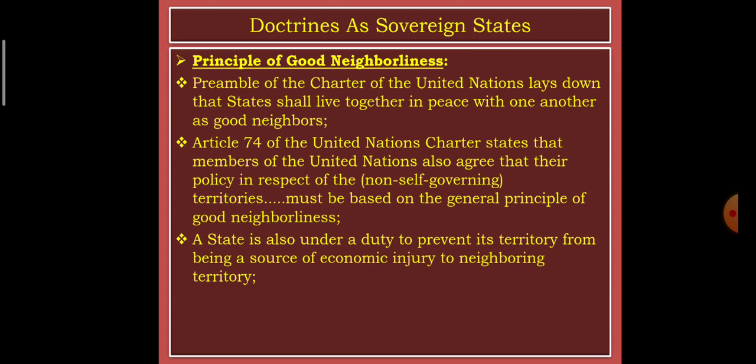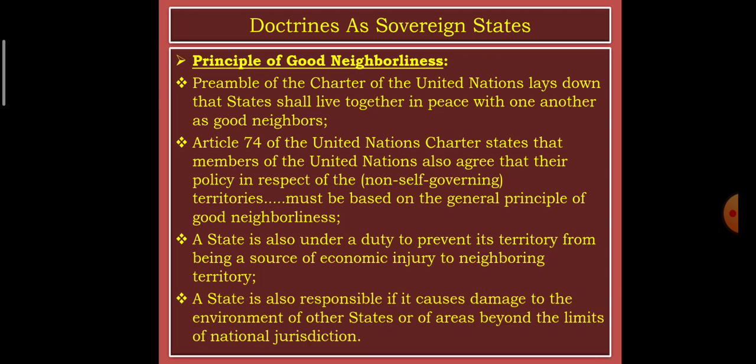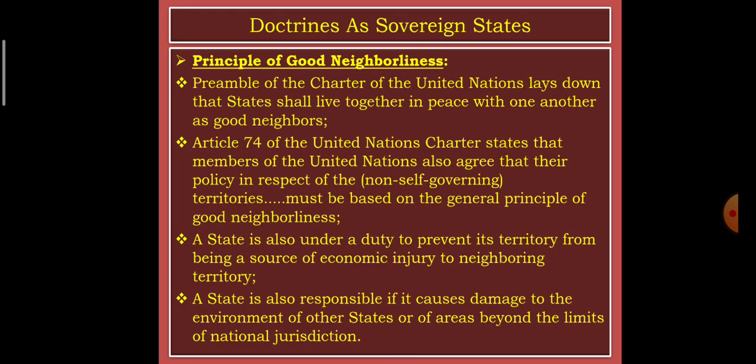A state is also under a duty to prevent its territory from being a source of economic injury to neighboring territory. A state is also responsible if it causes damage to the environment of other states or of areas beyond the limits of national jurisdiction. So, this was regarding the sovereign states.